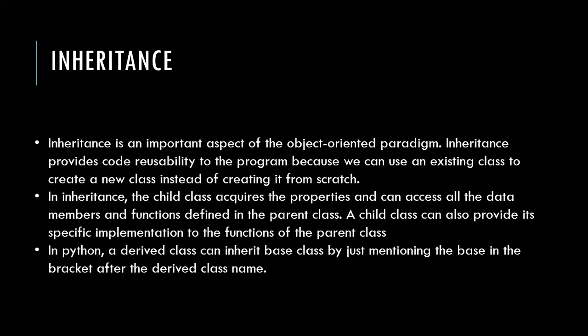Okay, so in inheritance, the child class acquires the properties and can access all the data members and functions defined in the parent class. The child class means any class which is going to use already existing functionality. Then who is the parent?